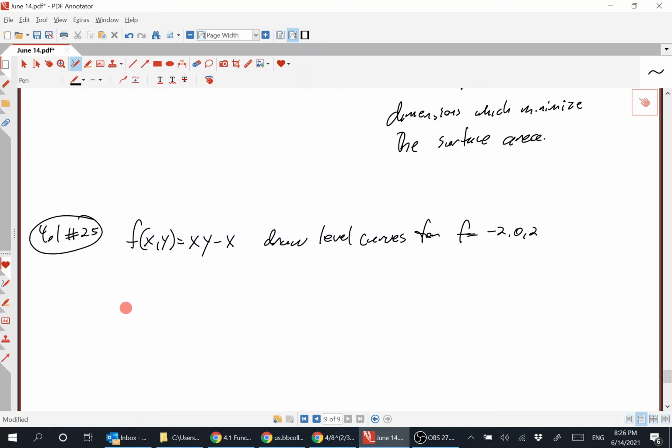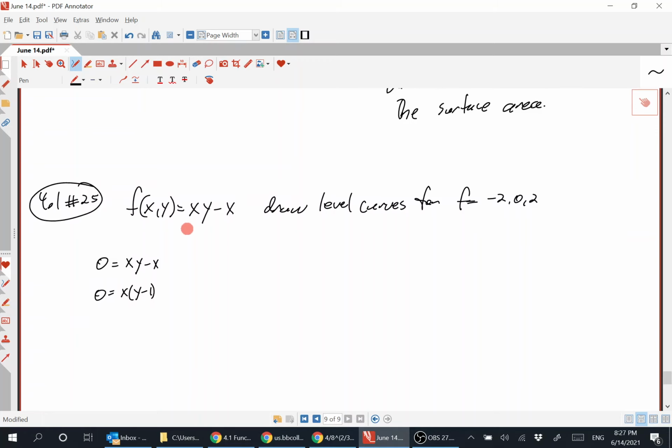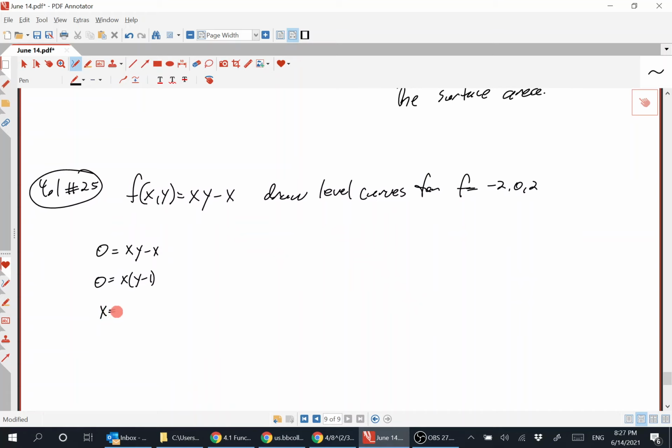Okay, so at 0. So 0 equal to xy minus x. So if you factor out the x, you have x times y minus 1. So this means x is equal to 0 or y is equal to 1. So the level curve for f equal to 0, or z equal to 0 maybe we should call it z, is x equal to 0, that's the y-axis, yeah?